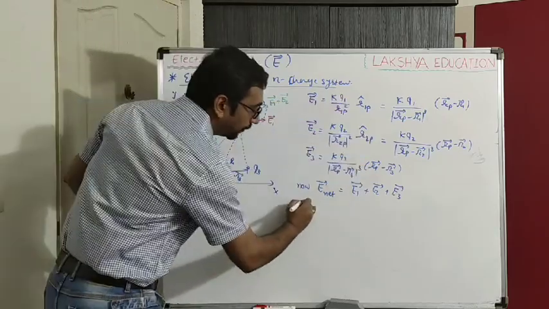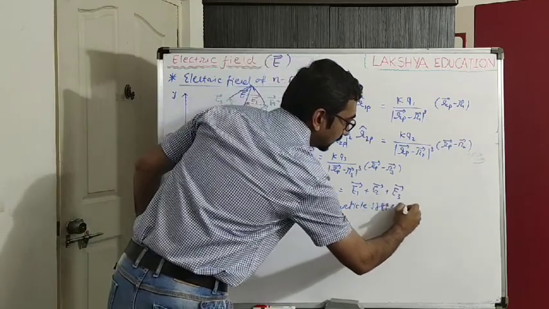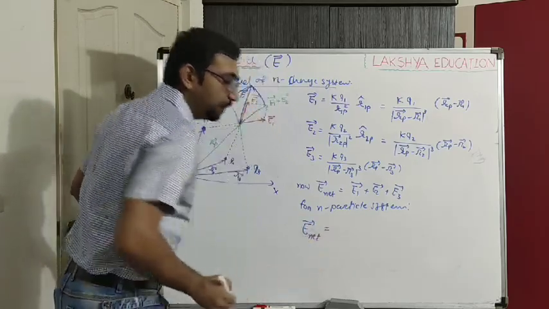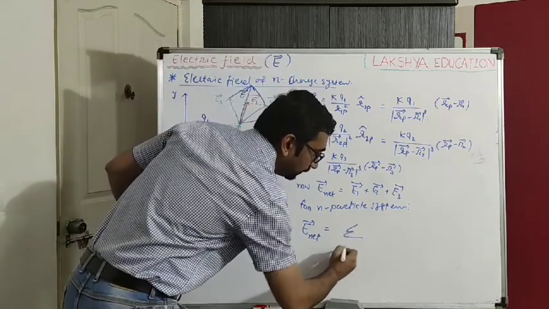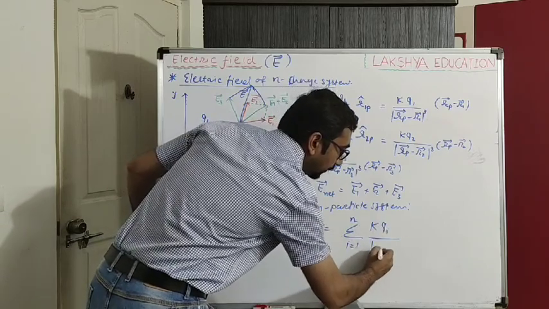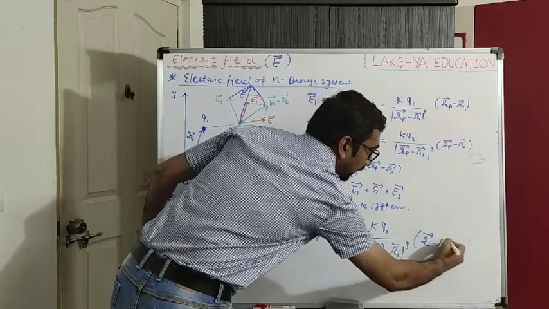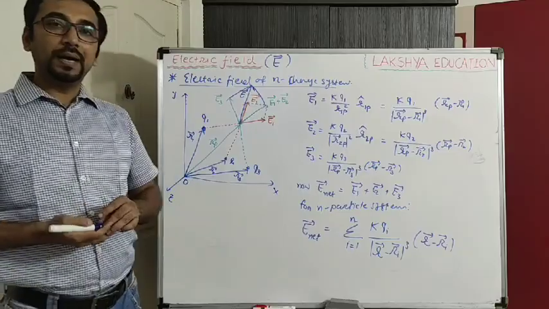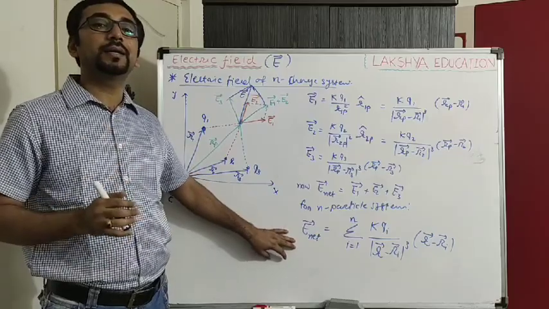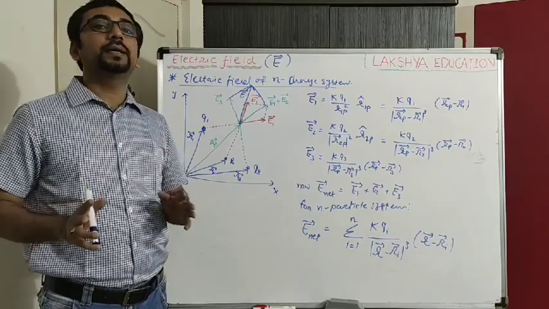Similarly, for an n particle system, if we write the general formula, then E net due to the n particle system is equal to the summation, i from 1 to n, of K into qi upon the magnitude of r vector minus ri vector cubed, into r vector minus ri vector. So by superposition of all electric fields, we can find the resultant electric field produced by an n discrete charged particle system.